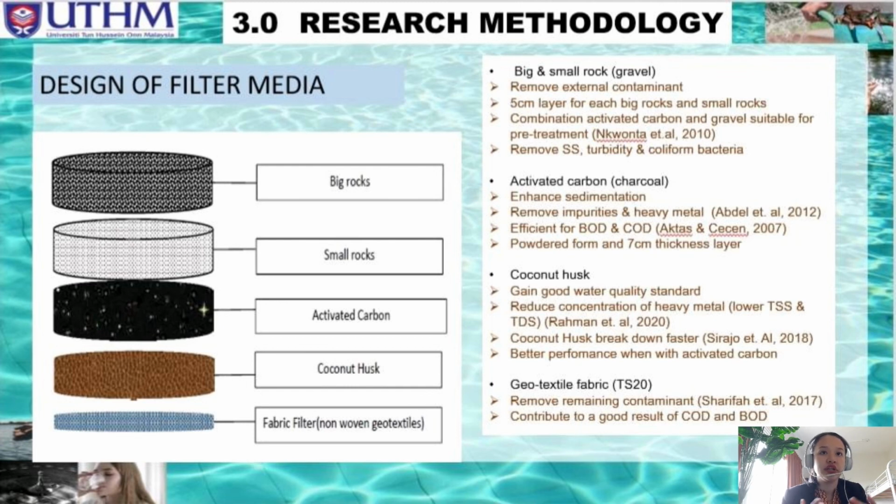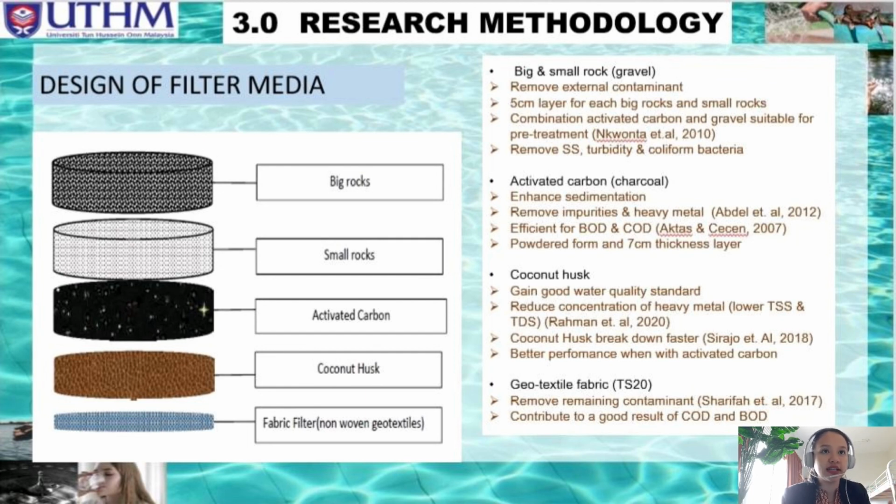Here, you will see big rock, small rock, activated carbon, coconut husk, and also fabric filter, which is the non-woven geotextile pictured in the top left corner of this slide. Basically, big and small rock or gravel are very important to remove suspended solids, turbidity, and coliform bacteria.